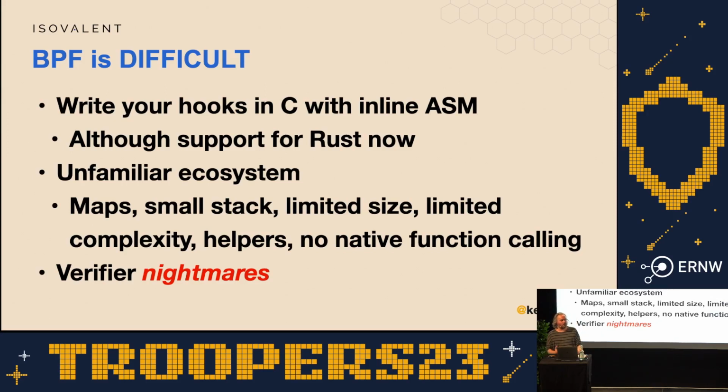So when you load a BPF program into the kernel, it goes through a verifier, which basically does some static analysis on your program to make sure that it exits within 1 million instructions, regardless of the path it takes, that it doesn't dereference null pointers, it doesn't access memory it shouldn't access, and it only uses helper functions that you're allowed to use. So to be clear about accessing kernel functions, you can't call any kernel functions natively.